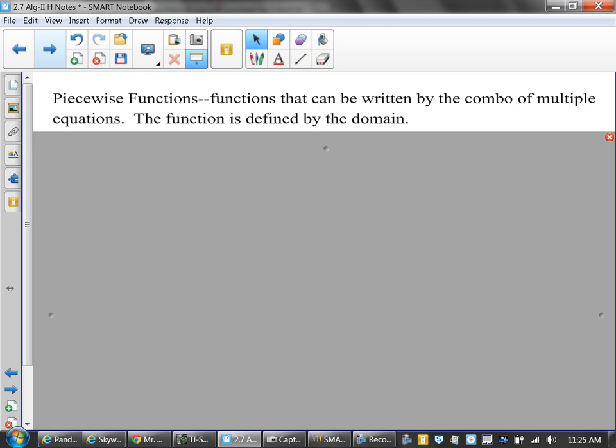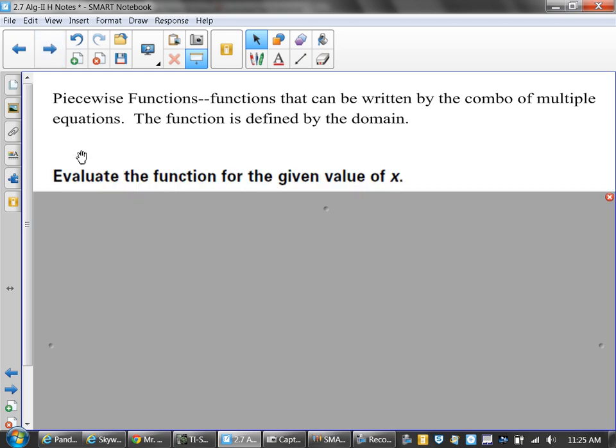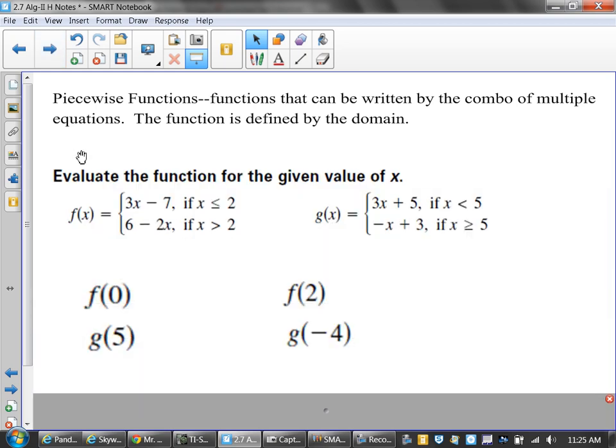So remember, these piecewise functions are written as combinations of equations. These functions are defined by their domain. So yesterday when you guys were doing all of these types of problems, these were all piecewise functions.